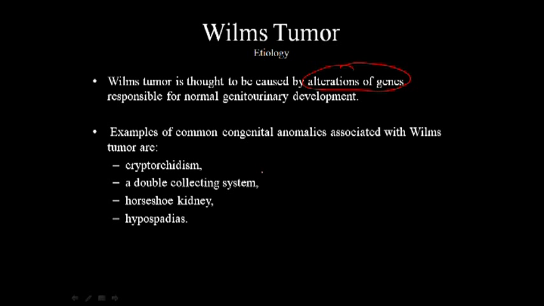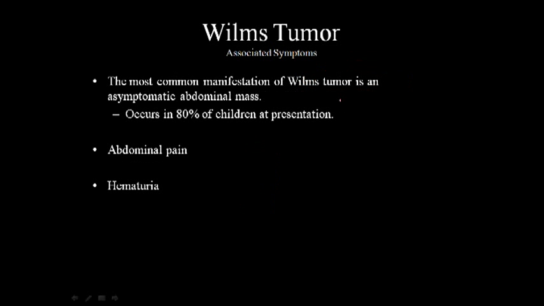Duplication. Horseshoe kidney factors in here as well, and those are the most common type of causation effects here, and that's simply because probably all of these have genetic anomalies associated with them, and potentially these genes that affect them also affect the genes that cause Wilms tumor.